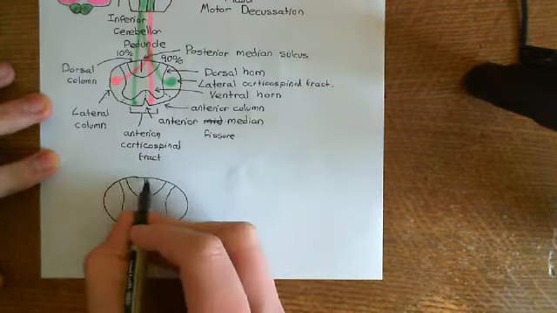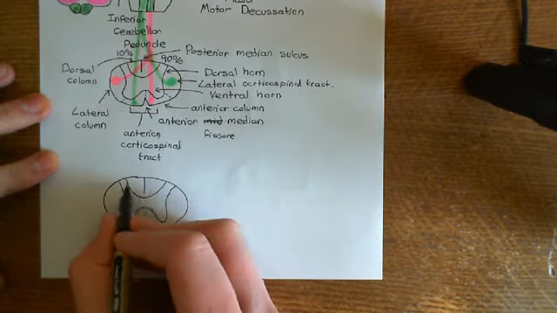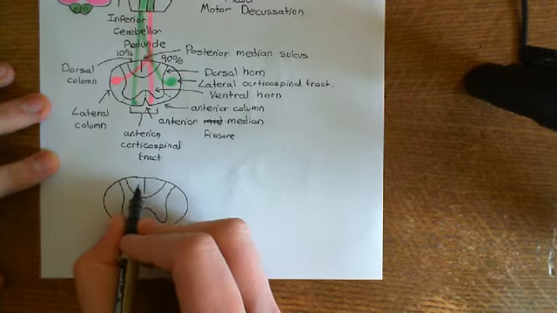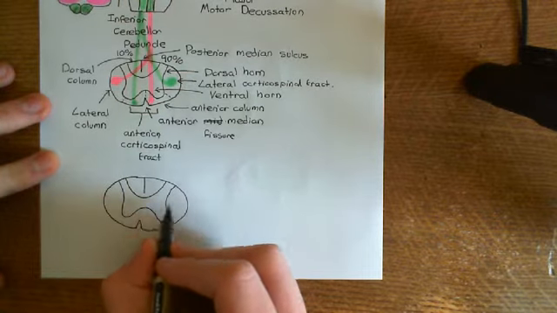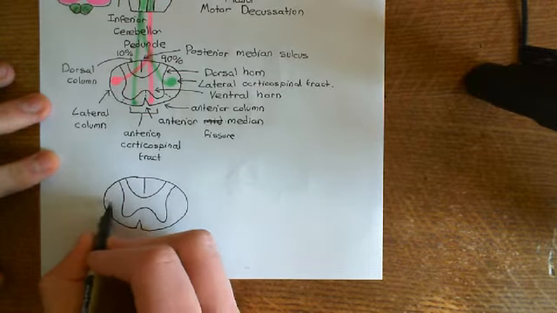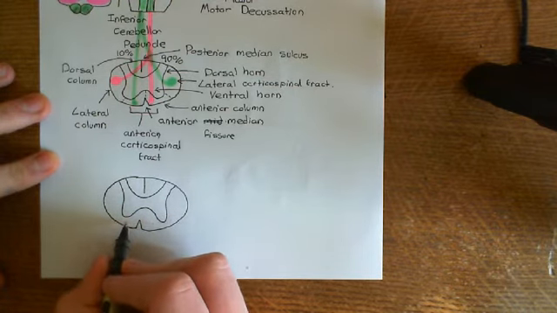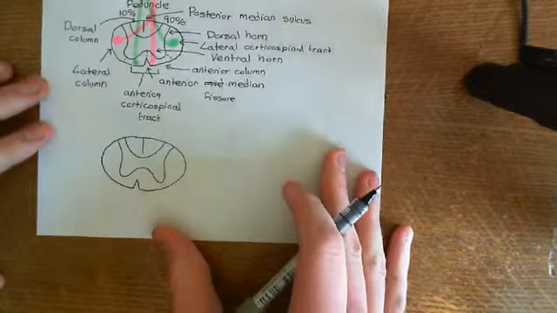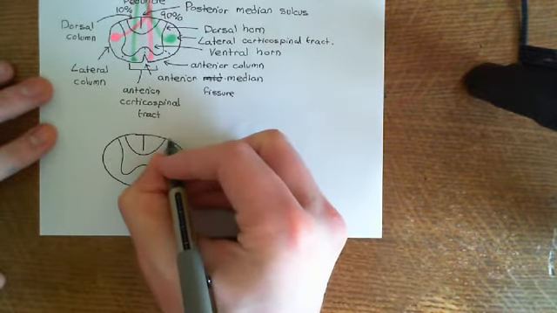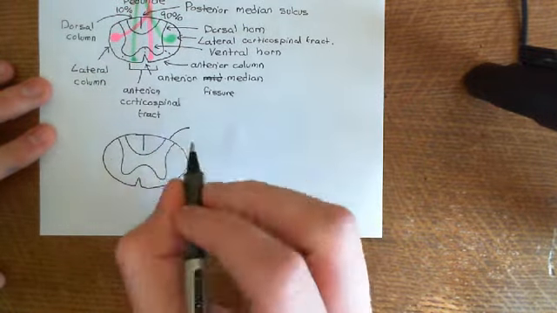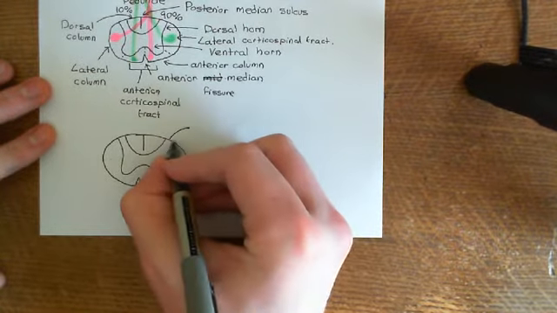And then you've got these three white matter columns. You've got the two dorsal columns here, the left dorsal column and the right dorsal column, the two lateral columns, the left lateral column, the right lateral column, and the two anterior columns, the left anterior column and the right anterior column.